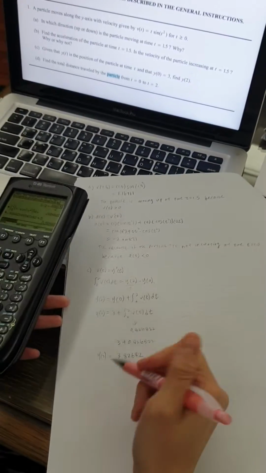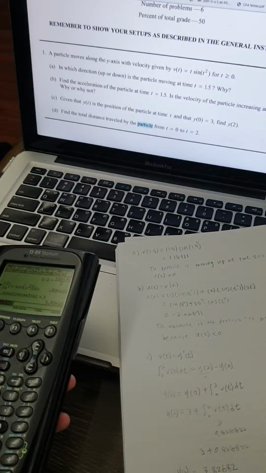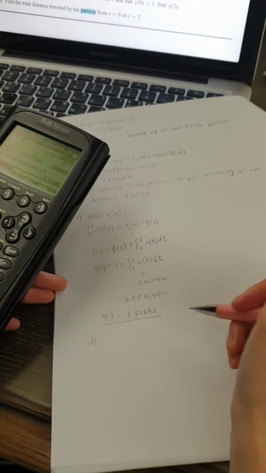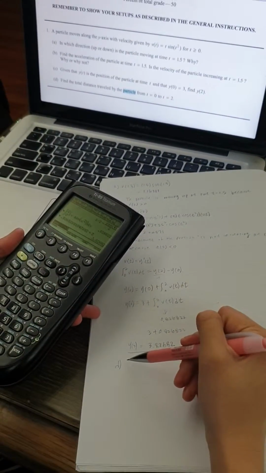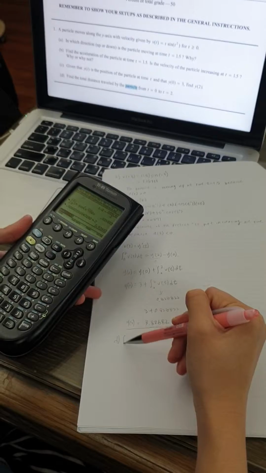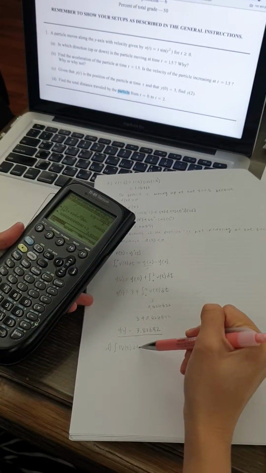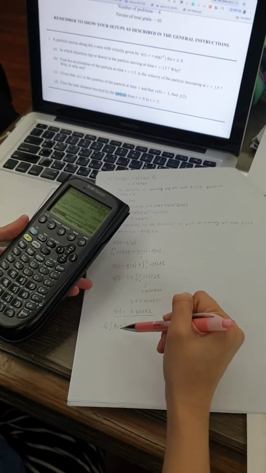So now we can move on to D. It says to get the total distance traveled by the particle from time t equals 0 to 2, and you always have to remember that the formula you use when you're getting the total distance is the integral of the absolute value of v of t dt, because it says total distance, so you have to use an absolute value.